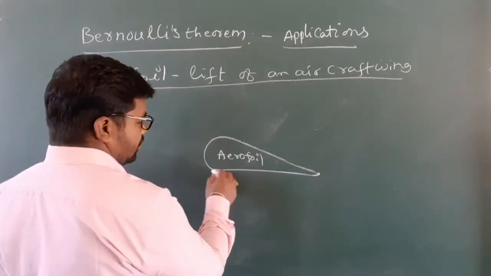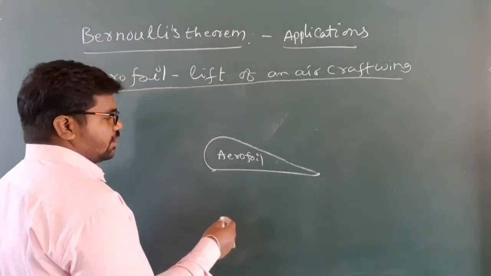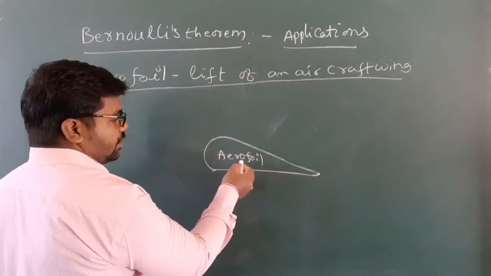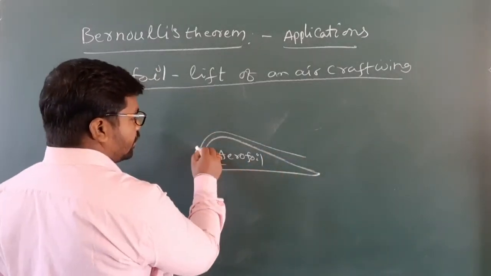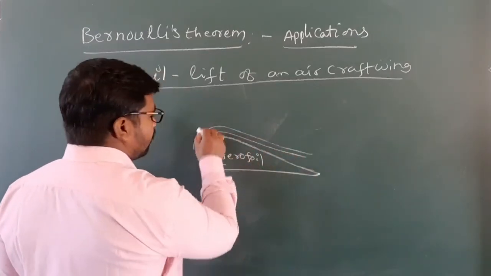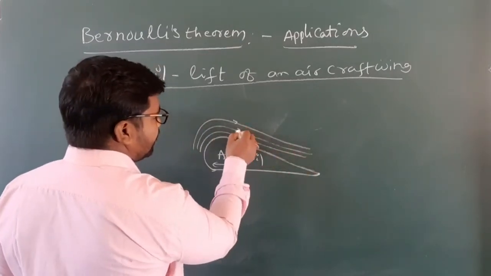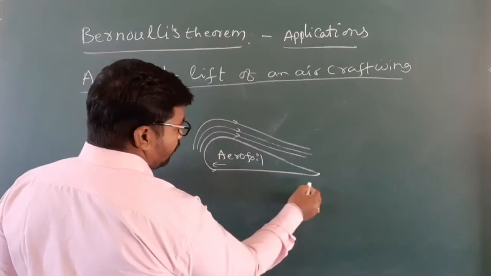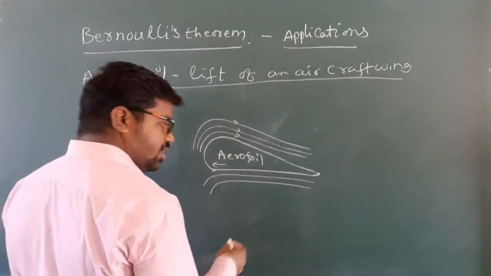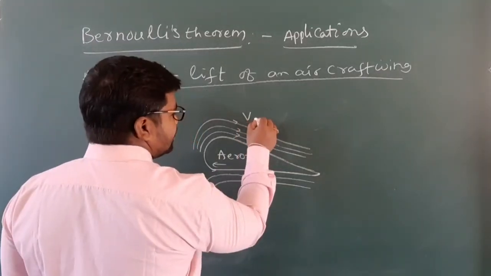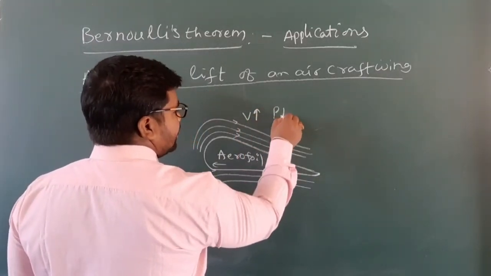When this airplane moves, what happens? Above the aerofoil, the fluid flows like this. Below the aircraft wing, the fluid flow is less. Above, velocity increases and pressure decreases.